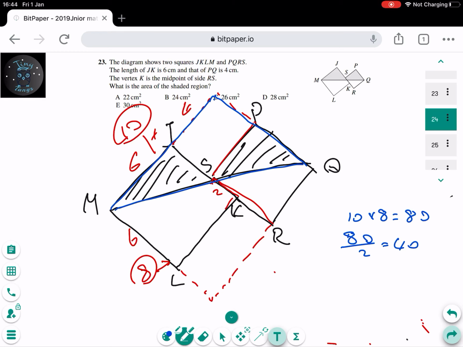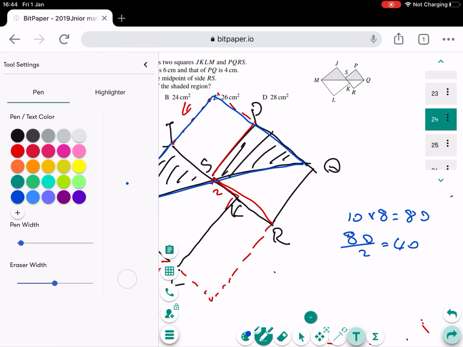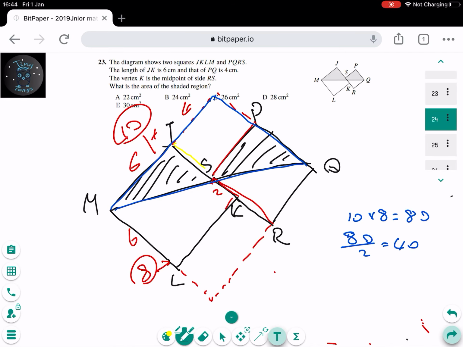And we also need to subtract the area of this triangle, of this rectangle, sorry, that I'm labelling here. So we need to take that away. We know that this is 2, so 6 minus 2 is 4.